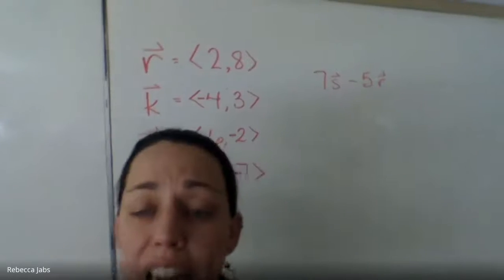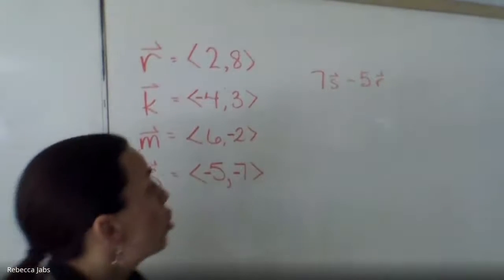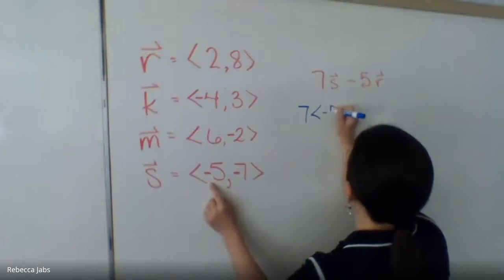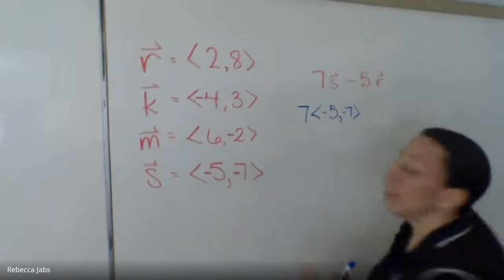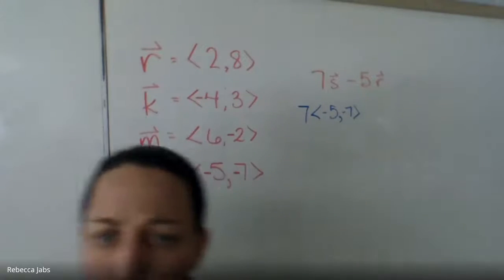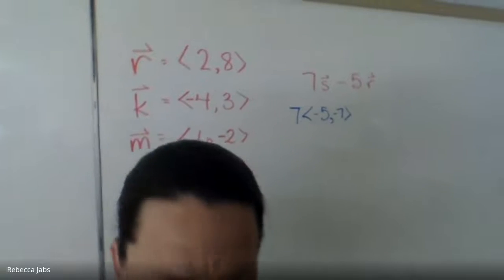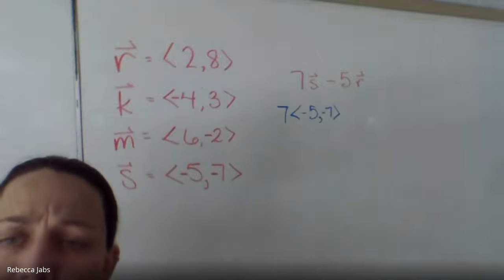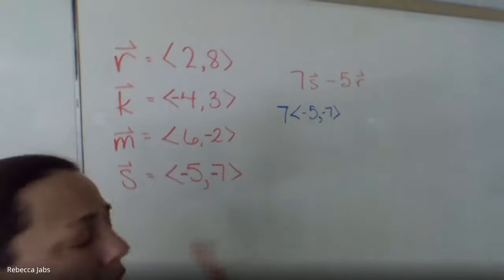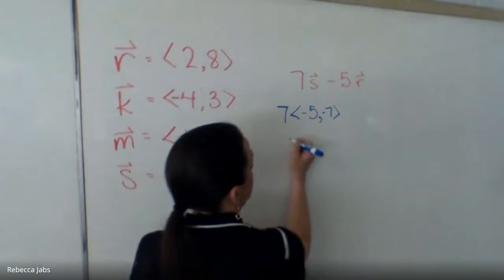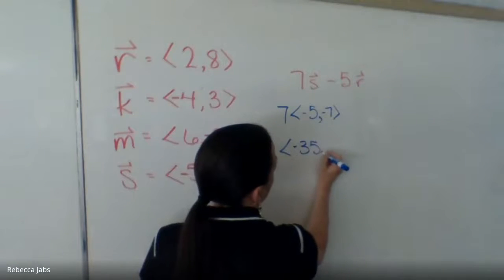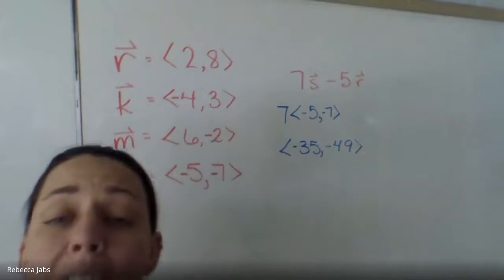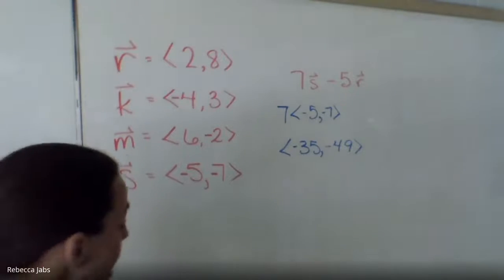All right, so guys, I don't think a lot of us have trouble distributing a 7 on the s. So s was once again our -5, -7. I know I switched up and wrote that in blue, but there's kind of a reason I'm doing that. Can everybody see that okay? If we distribute that 7, I would get -35 and -49.